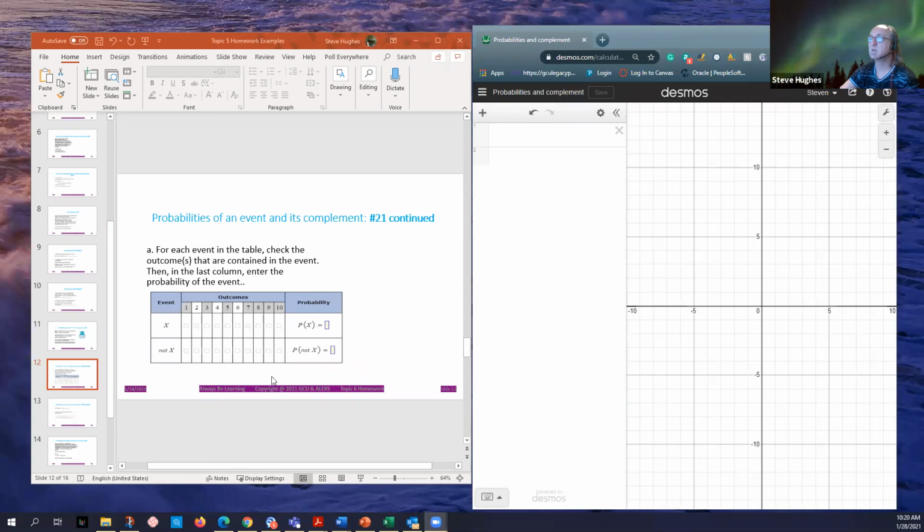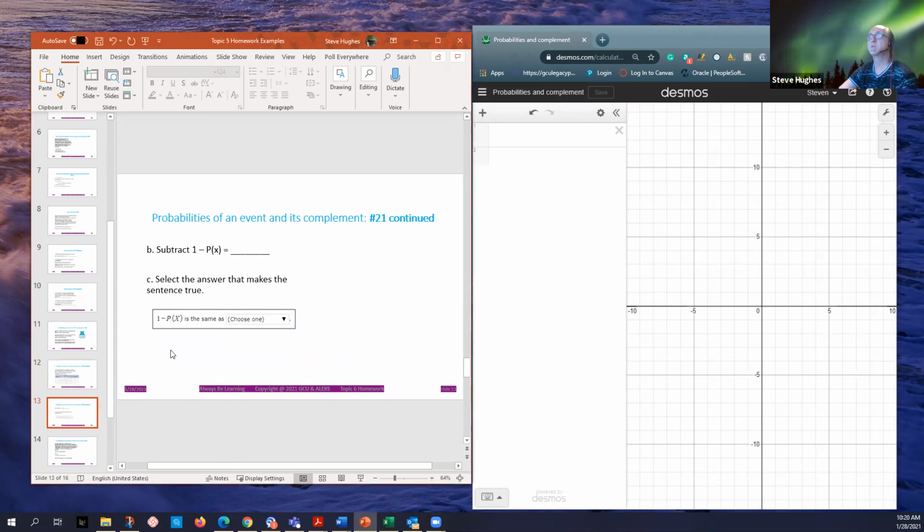We don't even need a calculator for this, do we, guys? All right, select 1 minus P of X. So 1 minus P of X equals 1 minus 3/10, right? Which is 7/10, which equals 0.7.